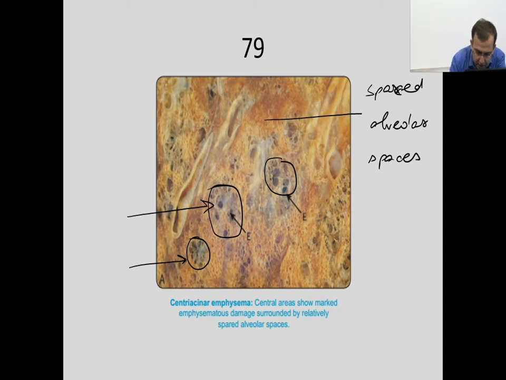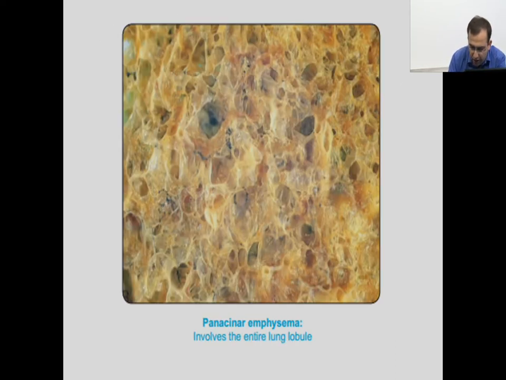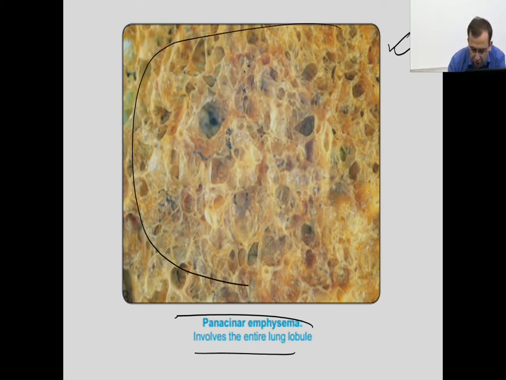So this is centriacinar emphysema, differentiated from panacinar emphysema, which involves the entire lung lobule. The whole area is involved.